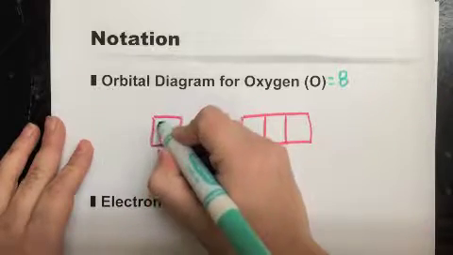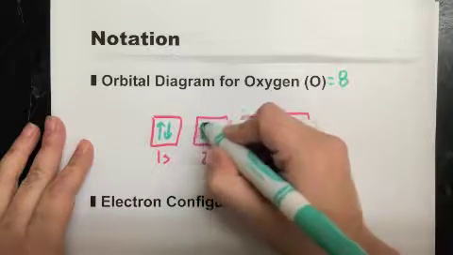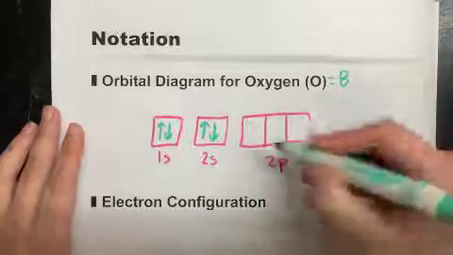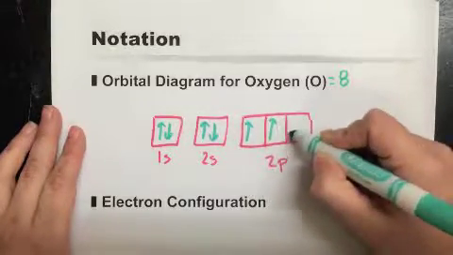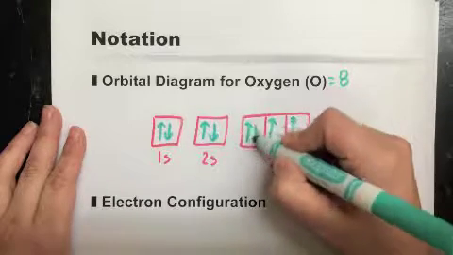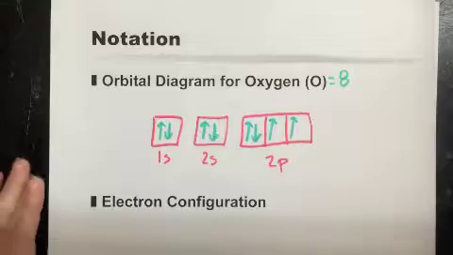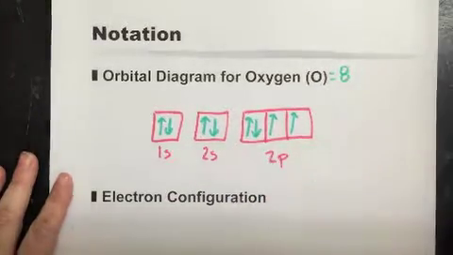So with 1s, we're going to go up and then down. So that's 2, then 3, 4. And then when we get to our p's, remember we're going to go up. So it's 5, 6, 7, 8. Okay, so that's review from the previous video. And again, you count to make sure you have 8 arrows.